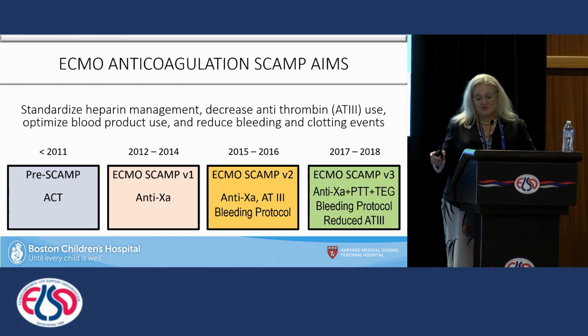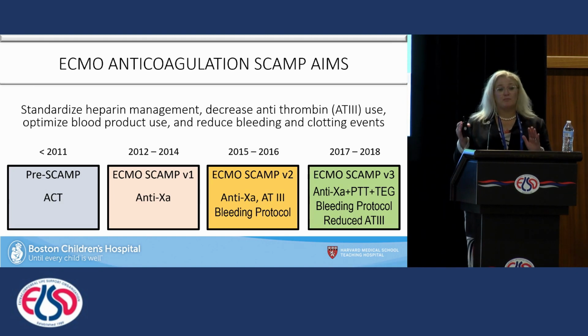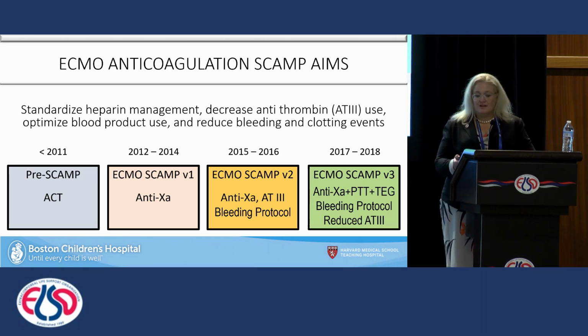So we moved on to ECMO SCAMP 2, which was an anti-10A kind of antithrombin 3 informed model, but with the bleeding protocol. So if the patient's bleeding to death, we would potentially not continue to heparinize them.